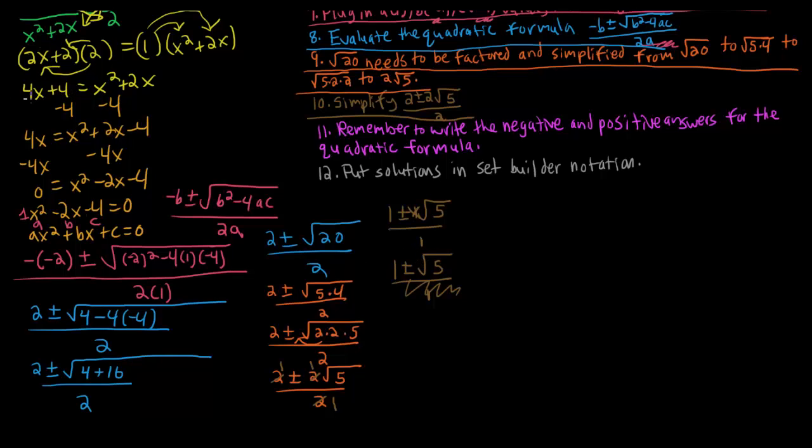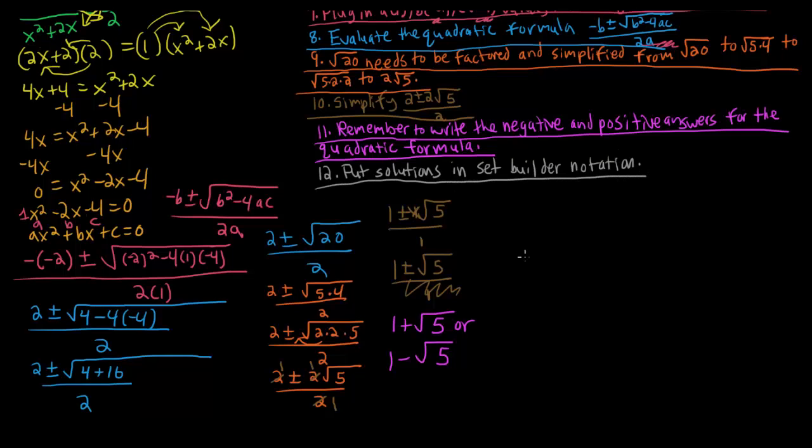And for step 11, we need to remember to write the negative and positive answers for the quadratic formula. So we have 1 plus square root of 5 or 1 minus square root of 5. And finally, for step 12, we want to go ahead and put our solutions in set builder notation.